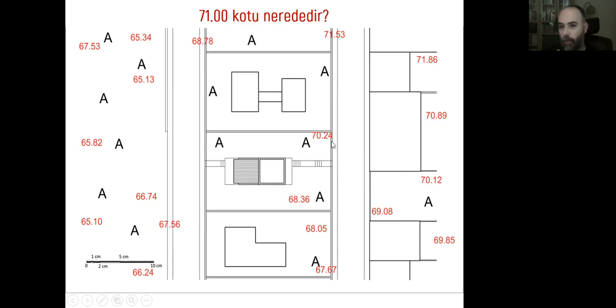However, when we go towards this direction, we see that it's 70 meters 24 centimeters. So we need to find out where the 71 meter 00 level is. It needs to be somewhere between these two dots, right?